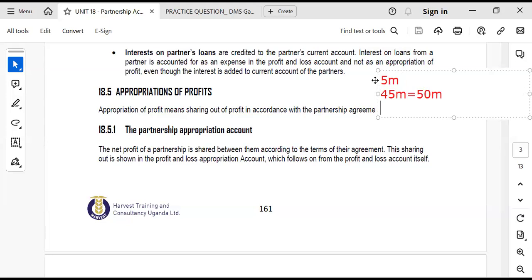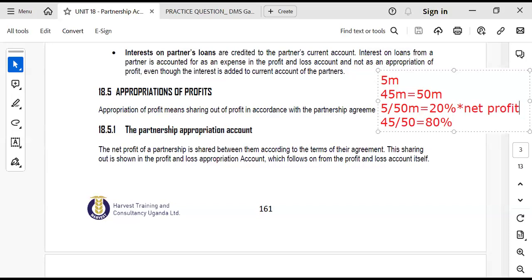We shall just get percentages: 5 million out of 50 million, which is 1 out of 10, that is 0.1, 10%. So one person contributed 10% of the capital and the other contributed 90%. This makes your allocation easier. You just get your percentage times the net profit.